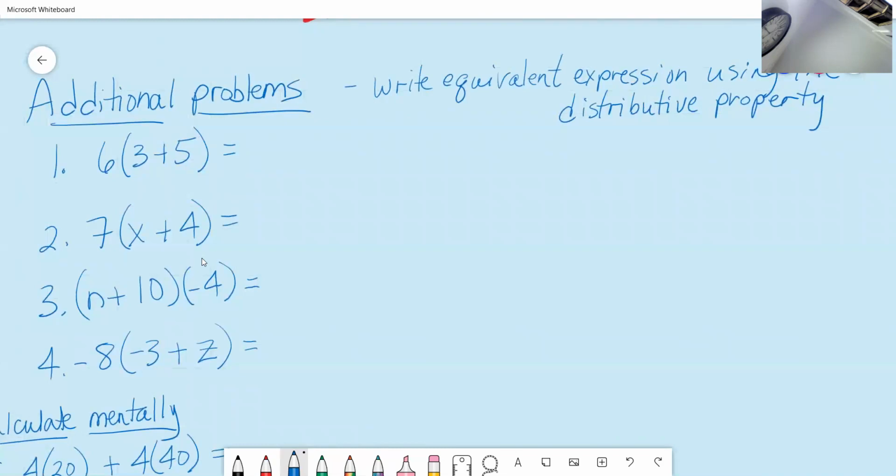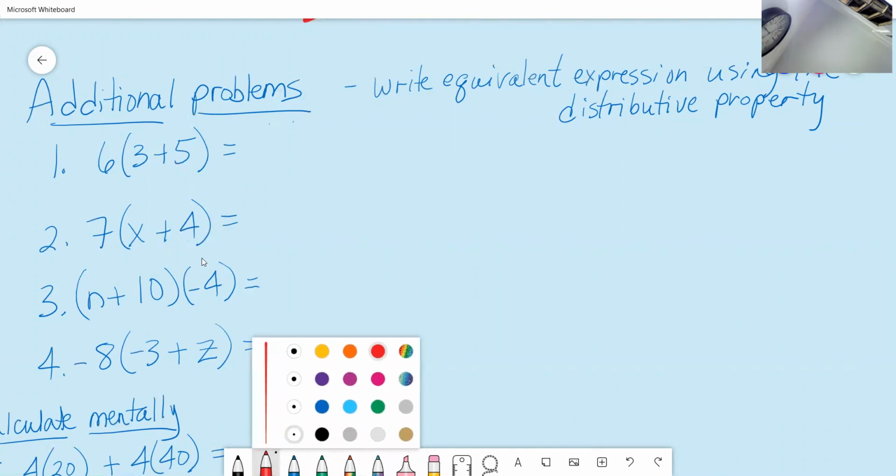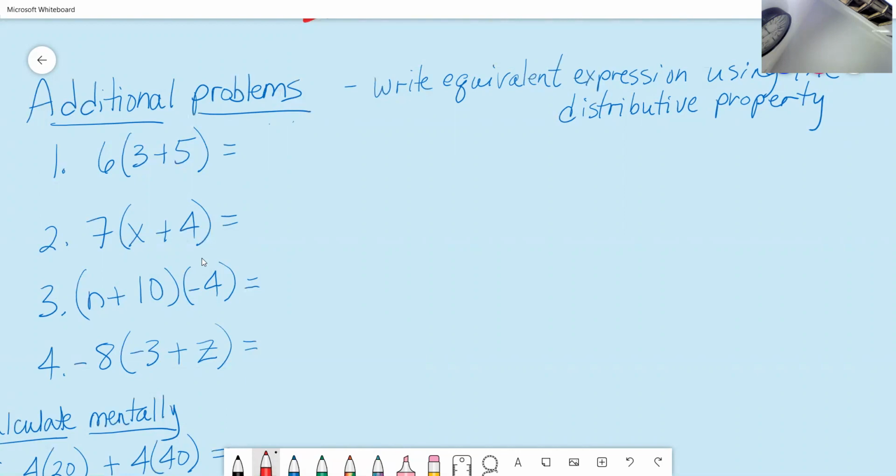So 6 times 3 plus 5 is the same thing as 6 times, well, I'll do this in red so you guys can see your answers. Okay. We have 6 times 3 plus 6 times 5.